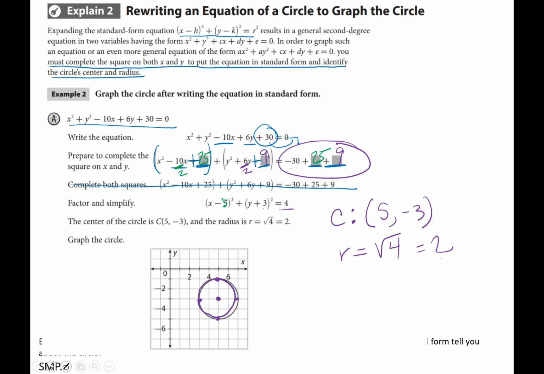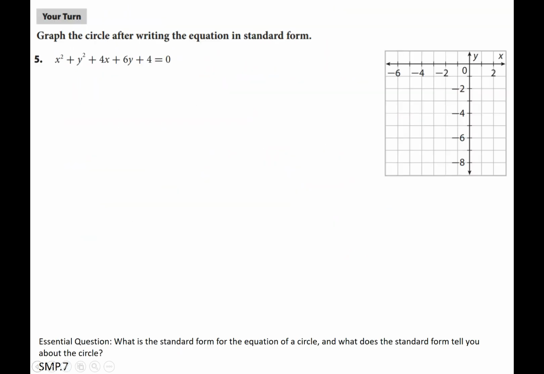Okay, so before I make it harder, let's skip to where it says your turn 5, and let's try this without the leading coefficient first, because we're going to have the leading coefficient. It's going to work. It's going to have a little bit of a trick to it. Okay, so first thing I'm going to do is rearrange. So I'm going to get my x's together and my y's together and any of my constants onto the other side.